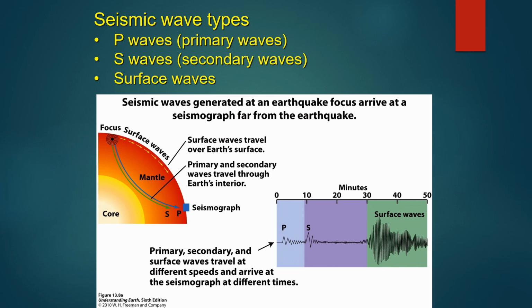Between P waves and S waves, the S wave transport speed is lower than that of the P wave, and the transportation speed of the surface waves is even slower than the S waves.